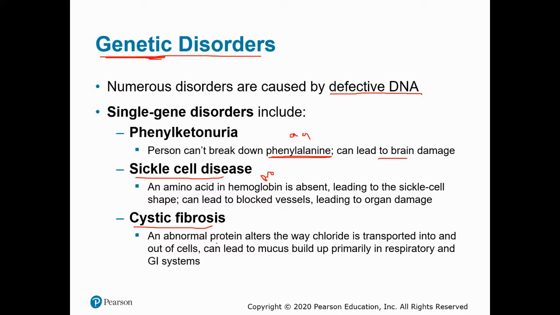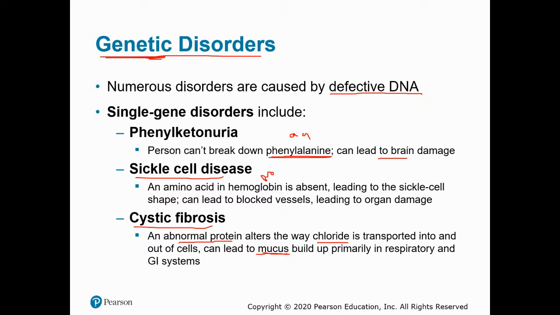And in cystic fibrosis, again, we see an abnormal protein synthesis that then affects the way that chloride gets transported in the body, and that can also lead to basically organ dysfunction. So what happens in this case with cystic fibrosis is that certain organs in the body that produce mucus start to produce a really, really thick, sticky mucus.